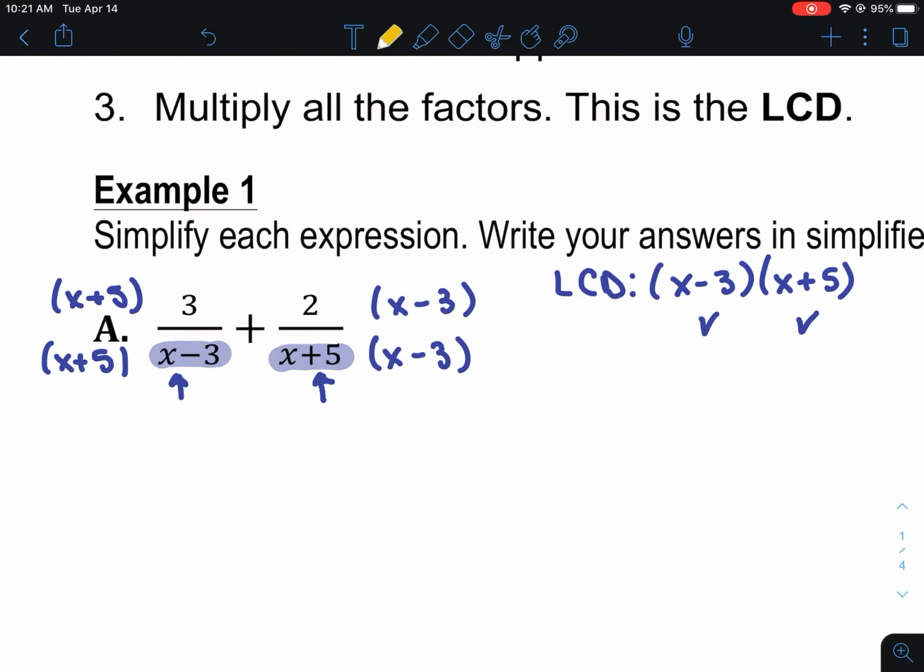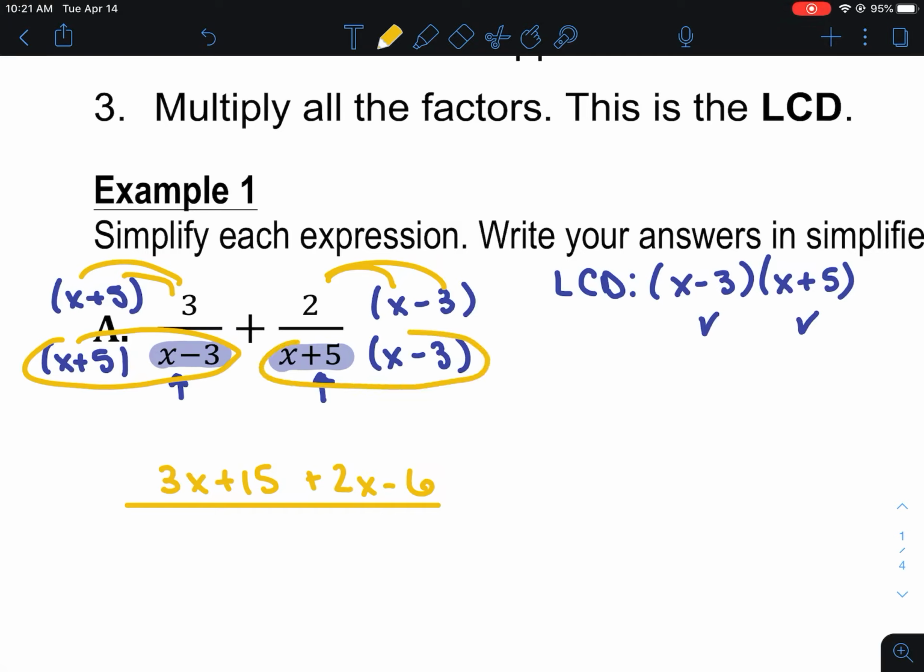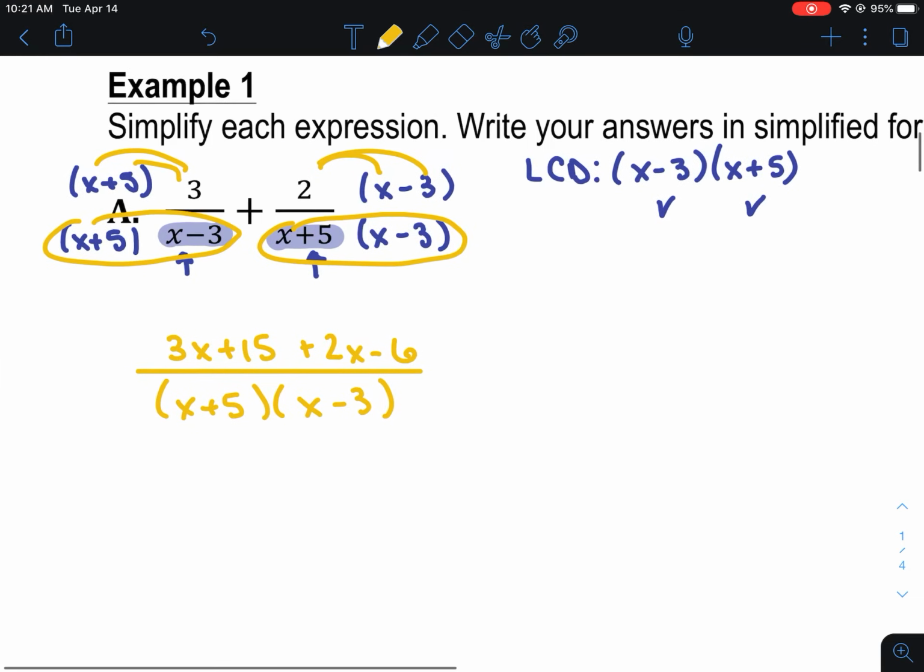Then I'm going to go ahead and distribute, and I have 3x plus 15, and then over here I have 2x minus 6. My denominator is x plus 5, x minus 3.